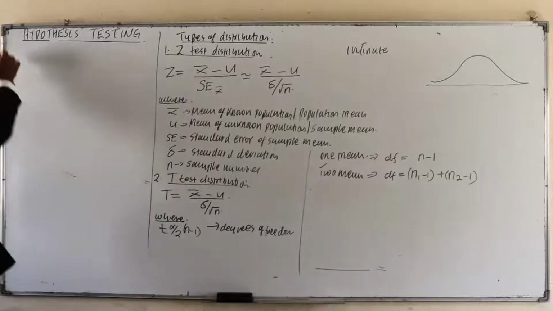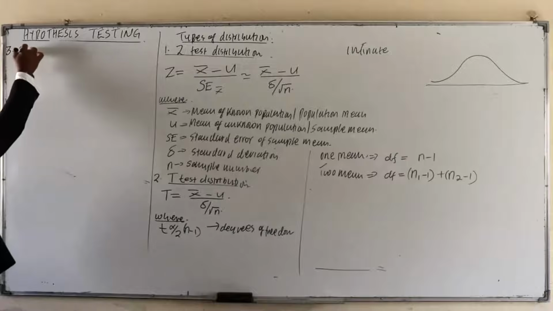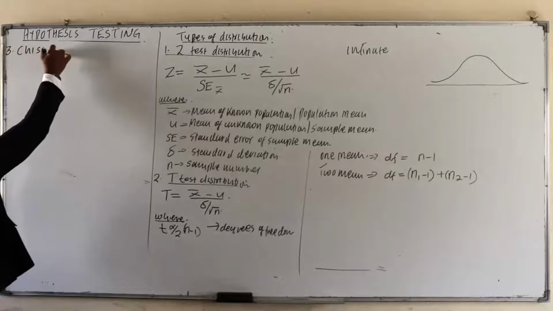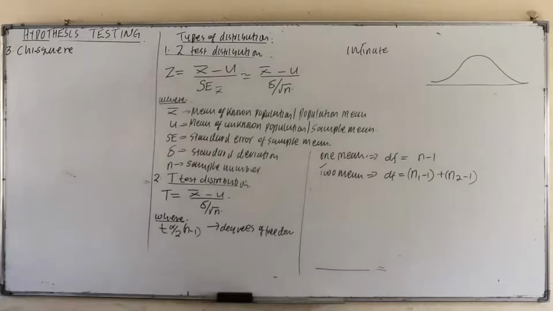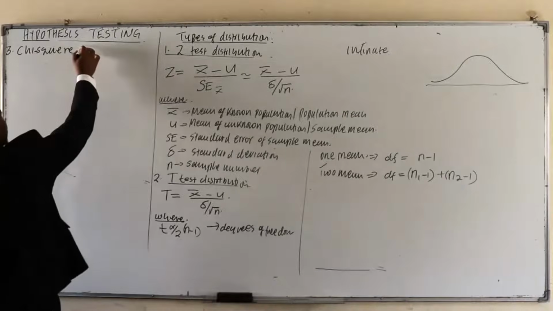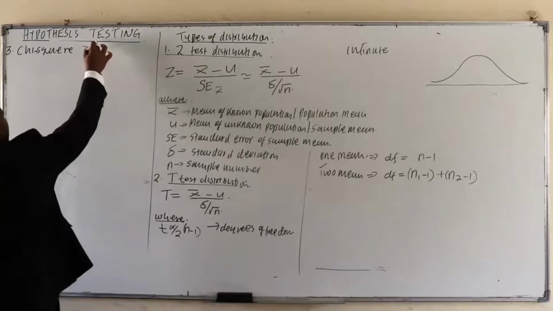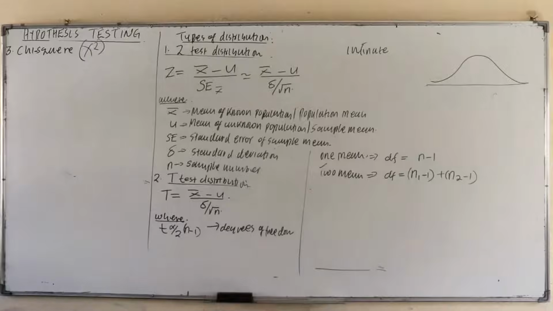Then number 3, we have chi-square, denoted by this symbol. This is used to compare attributes.